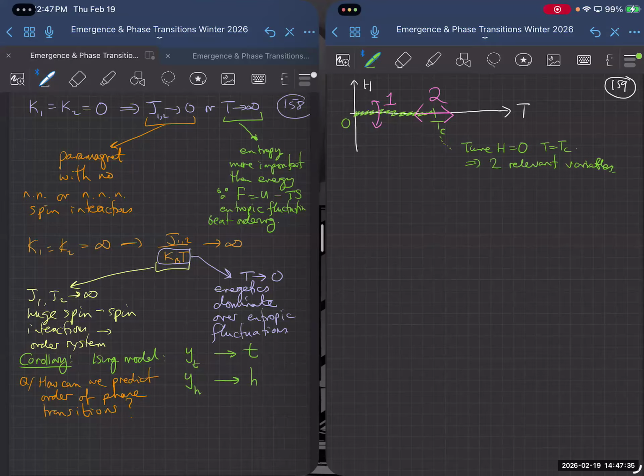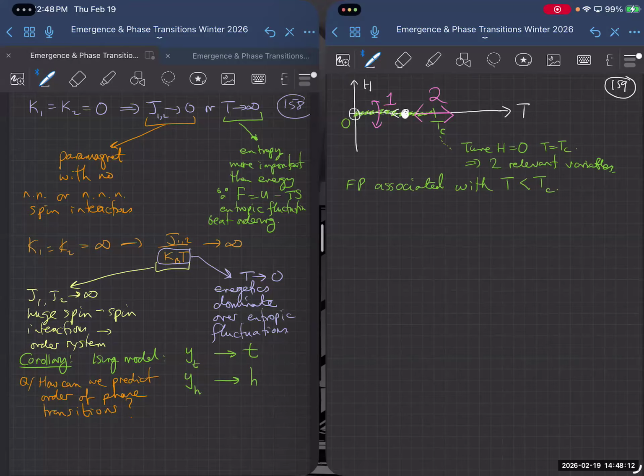If I look at the fixed point associated with T less than TC, then from what I told you before, if I start with my system at some temperature T less than TC, just shown over here, and I coarse grain and do renormalization group transformations, I will eventually flow down to a fixed point over here.